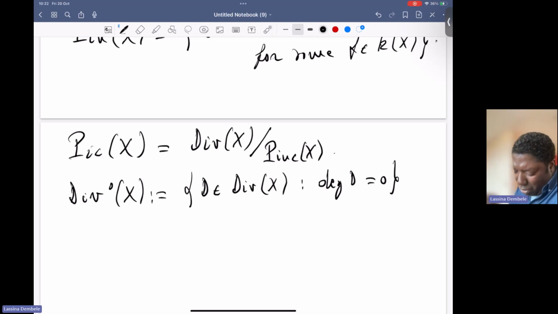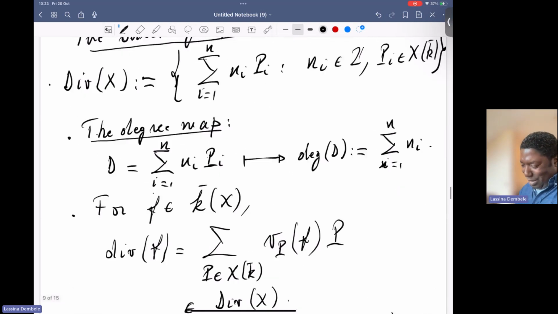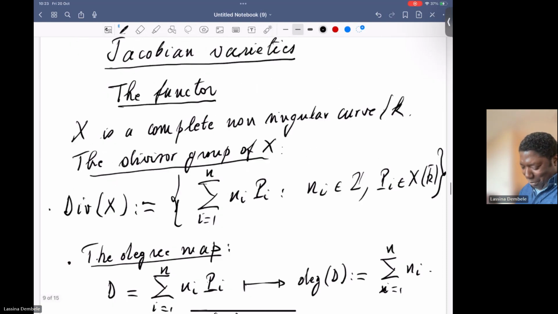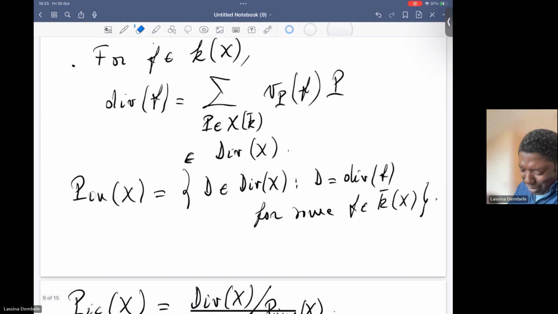And then we can show that the set of principal divisors is a subgroup. Oh, I forgot the r, so it's principal, I knew I was spelling something wrong.